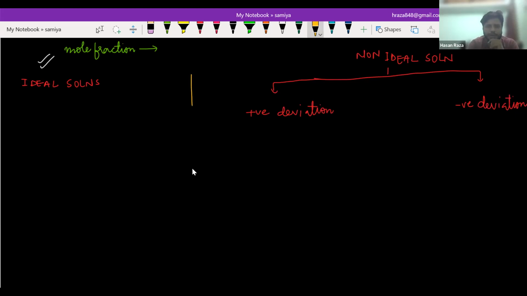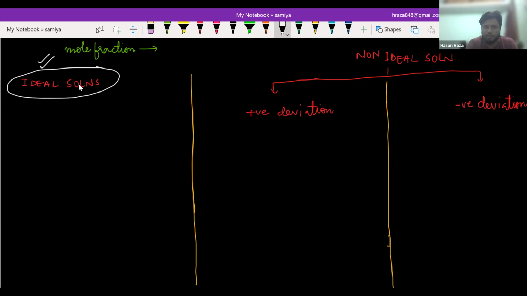Now see how we are going to recognize whether a solution is ideal or non-ideal, with positive or negative deviation. Always remember, generally an ideal solution is one where the solute and solvent have similarity between them. For example, suppose n-butyl chloride plus n-butyl bromide.